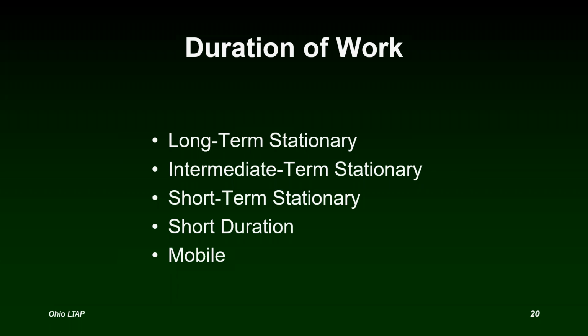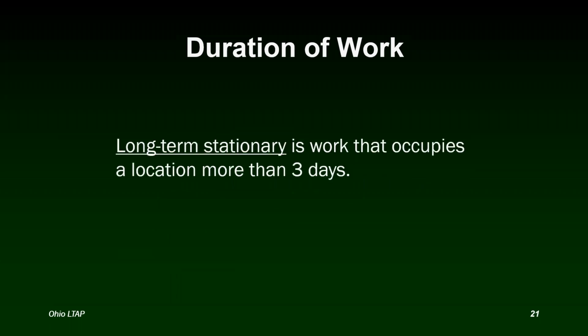So when I say duration of work, the manual speaks to 5 different types of work durations. You have your long-term stationary, intermediate-term stationary, short-term stationary, short duration, and mobile. Long-term stationary, that's like our big ODOT projects. It lasts for 2 years. Okay, that's long-term stationary. But the definition is it's work that occupies a location for more than 3 days.